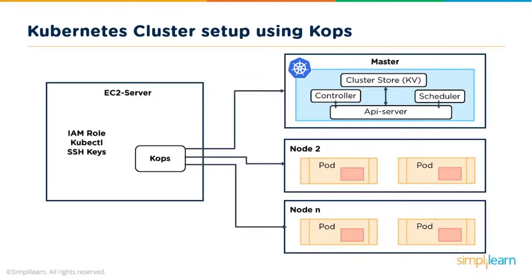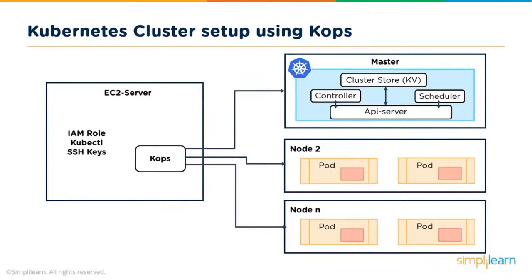As you may know, on AWS it's a little hard for me to programmatically run other components, or rather bring up servers. It's not that simple. So what I will do is create an IAM role which I will attach to my EC2 server, so that my EC2 server gets powered with all the required permissions, so that it can go ahead and spin up the cluster based upon the configuration that I'm going to specify.